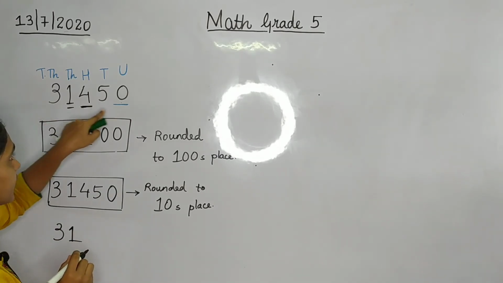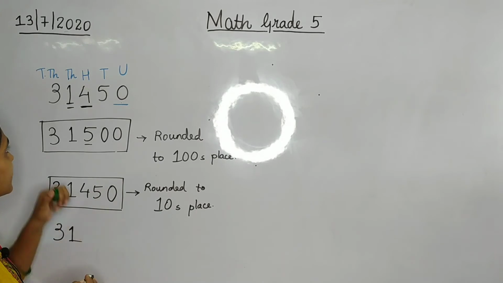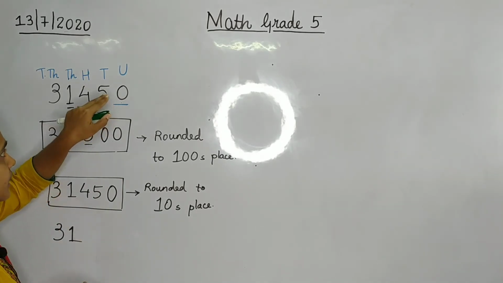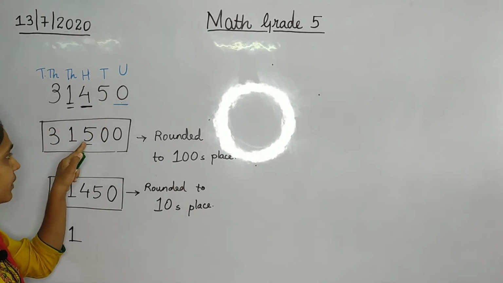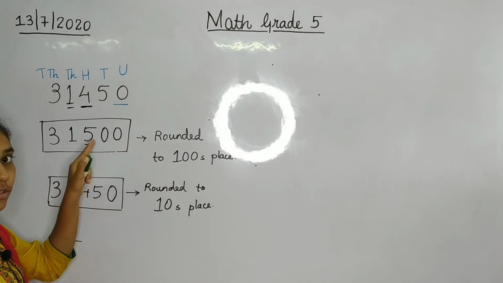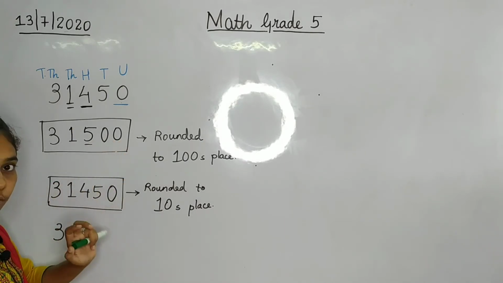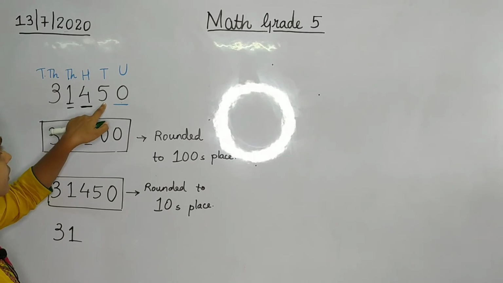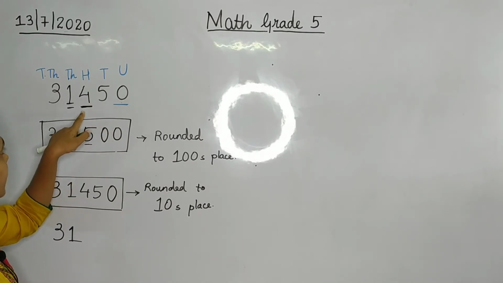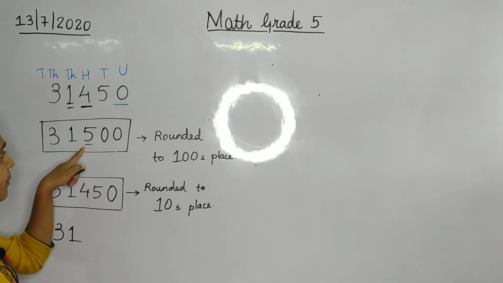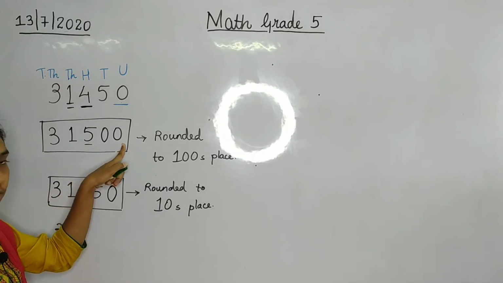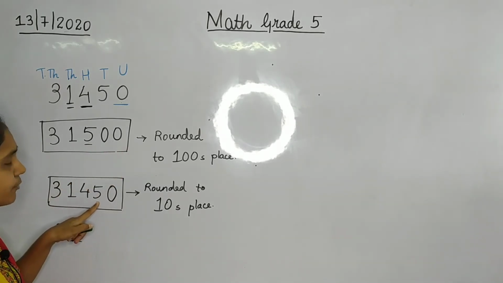And the numbers after 1, meaning whichever place we are rounding off to, after rounding off, we put zeros, okay? We put zeros after the rounded off number. So here we had rounded it to the tens, here we had rounded it to the hundreds place. So the numbers after the hundreds place are all zeros, okay? Here we had rounded off to its tens place.